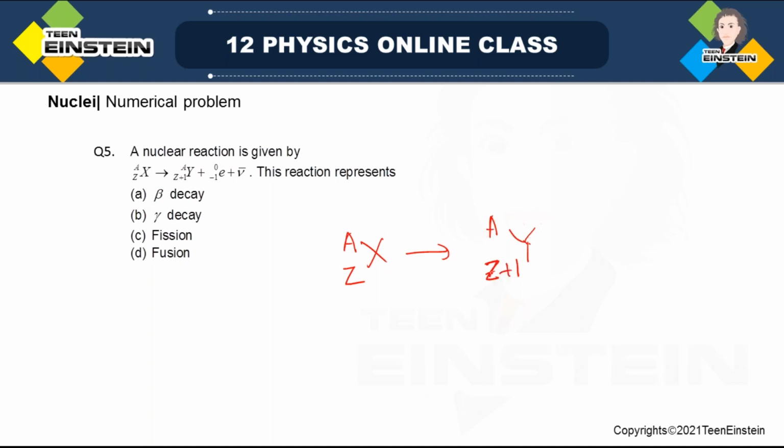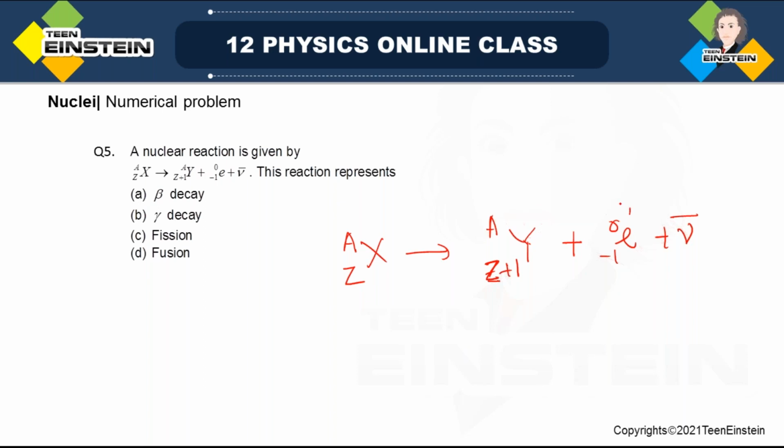So this is what I had actually shown you just in the previous problem. You have been asked what kind of reaction it is, whether it is alpha decay, beta decay, gamma decay, fission or fusion. What kind of decay is it?